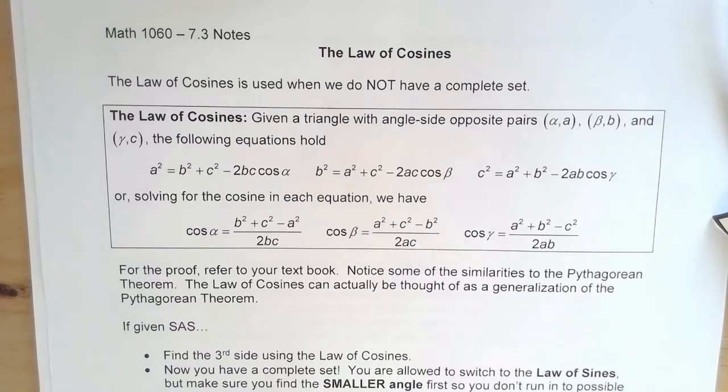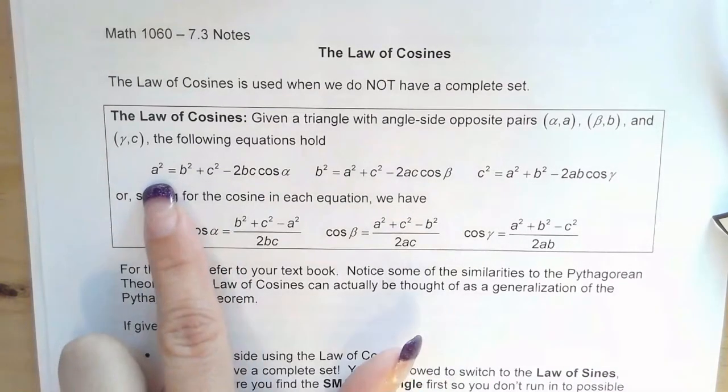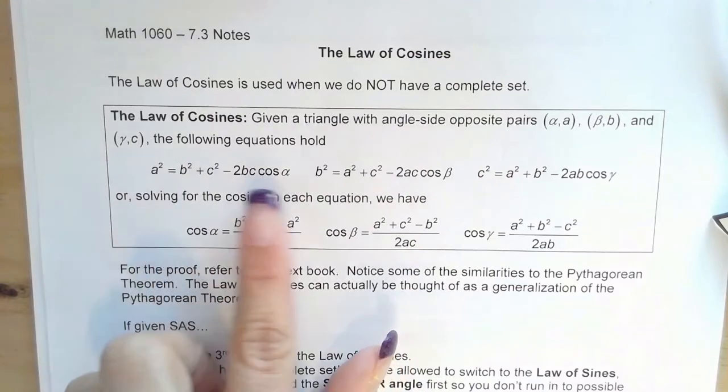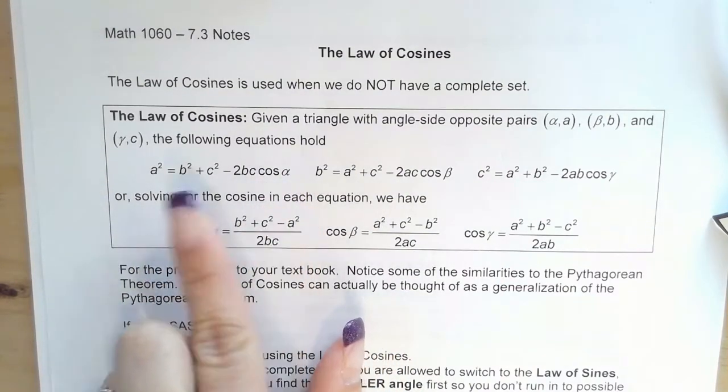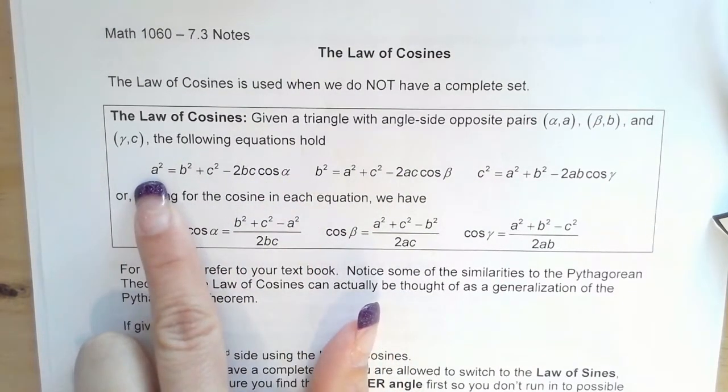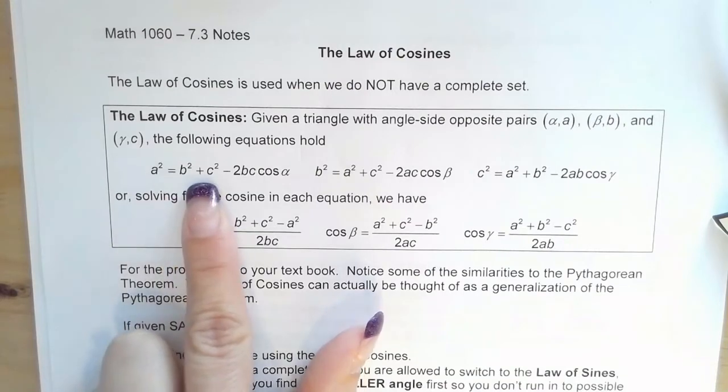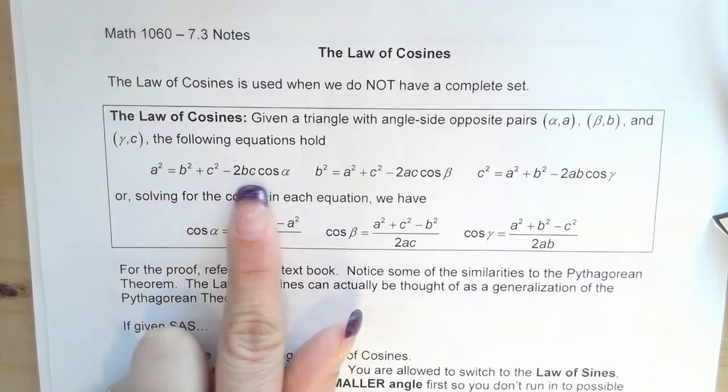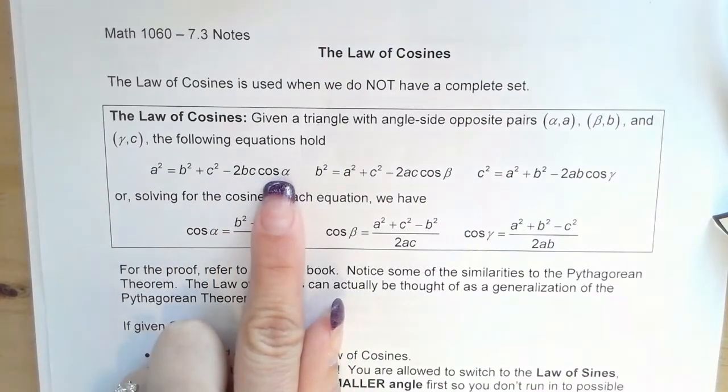This should look familiar from last year with these three. So the angle that we're given should be across from the side length on the left side here. So a squared equals b squared plus c squared minus 2bc cosine alpha.